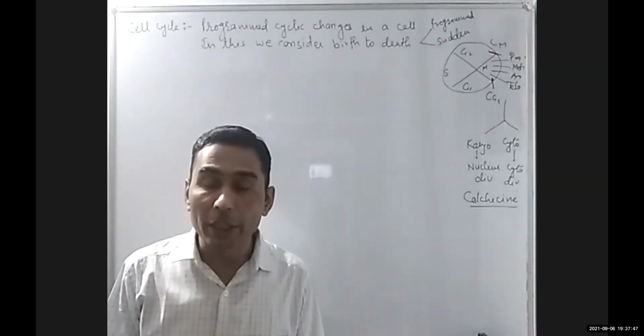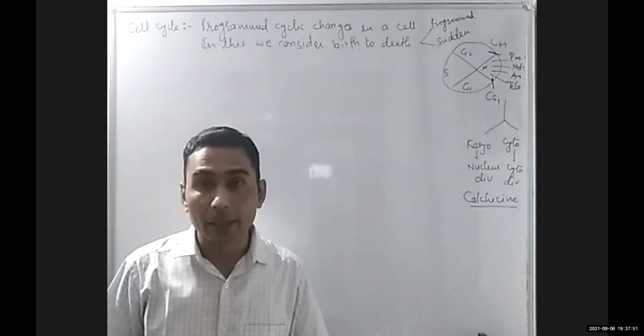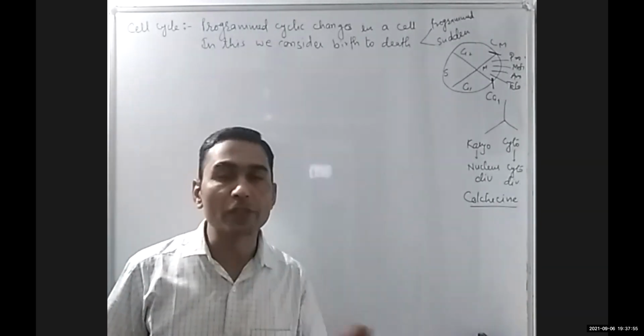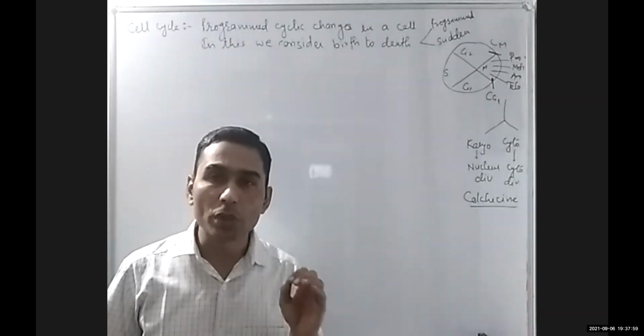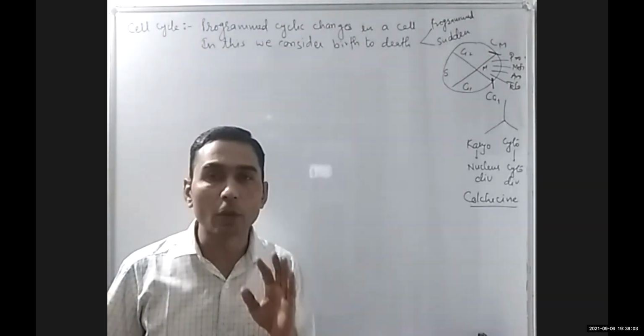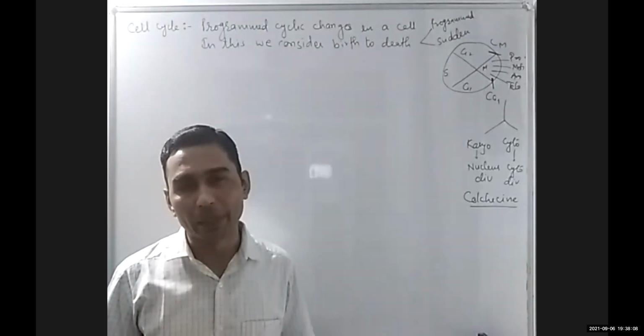This genetic machinery is such a brilliant machinery that a cell tries its best to follow those instructions. Rarely, due to some mutagens or oncogenes, this cell cycle or cell reproductive pattern changes abnormally or abruptly.